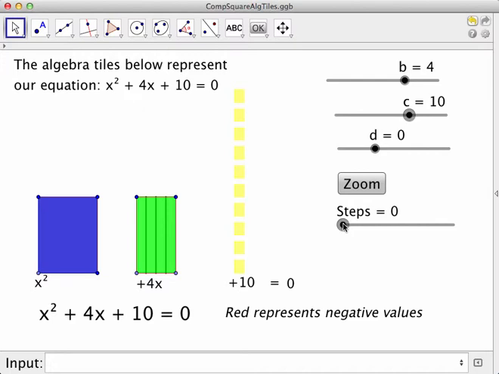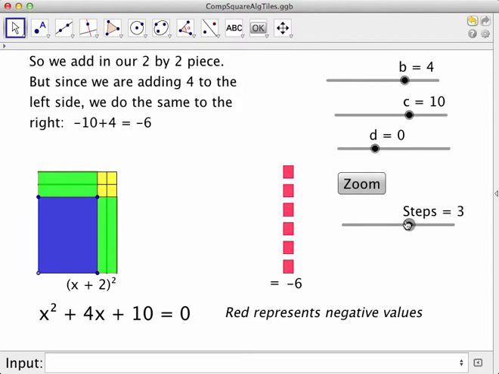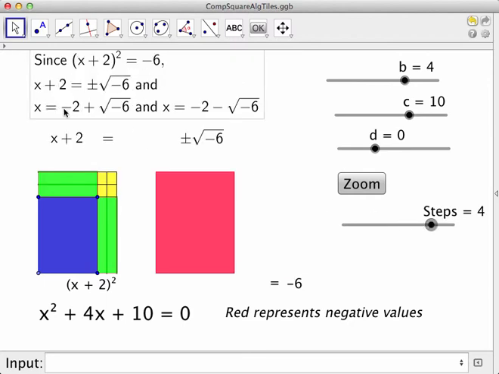So that means we're saying our solution will be -2 plus or minus the square root of -6. And there we are, -2 plus the square root of -6, -2 minus the square root of -6.